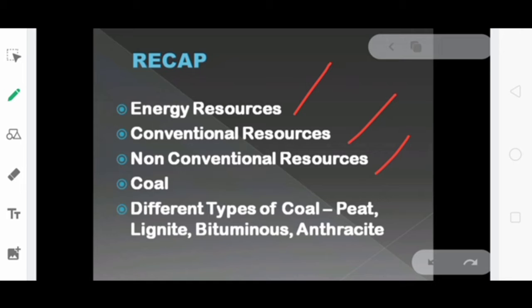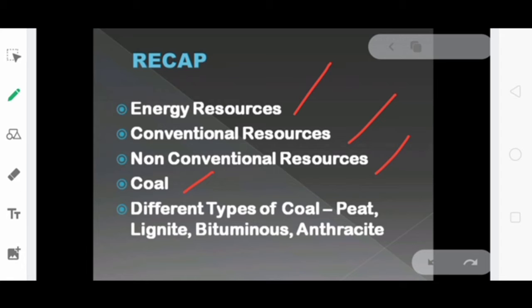Then we started off with a conventional source of energy. The first one we discussed was coal. We have seen that coal is the most abundant fossil fuel. It provides a substantial part of the nation's energy needs. It is used for power generation to supply energy to industry as well as for domestic needs.